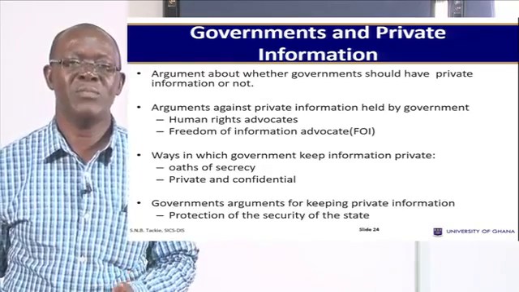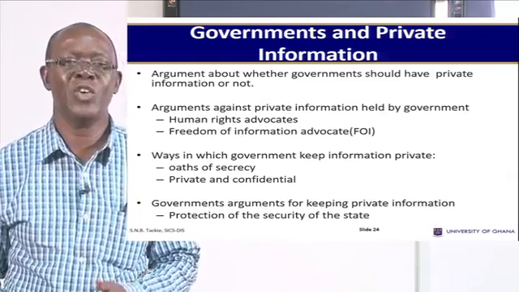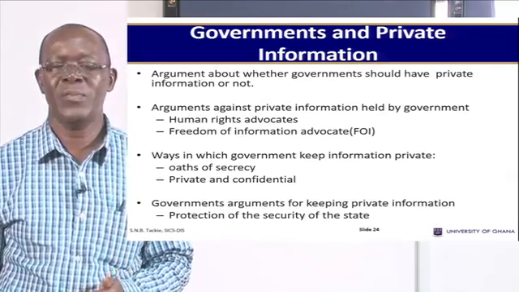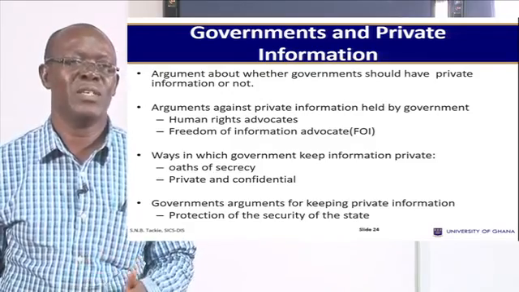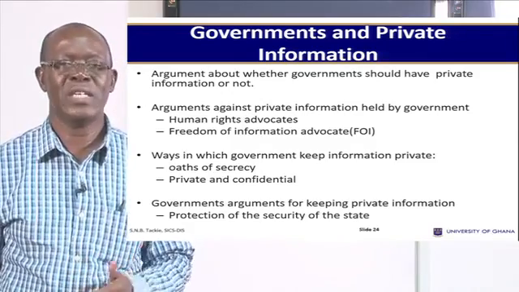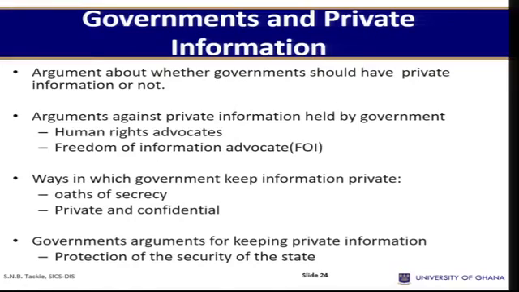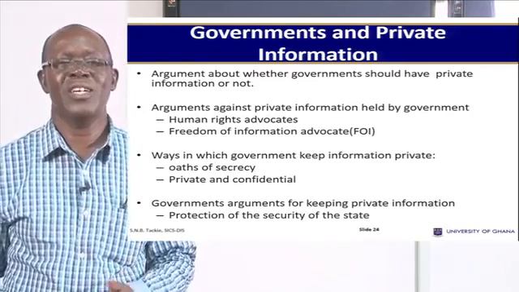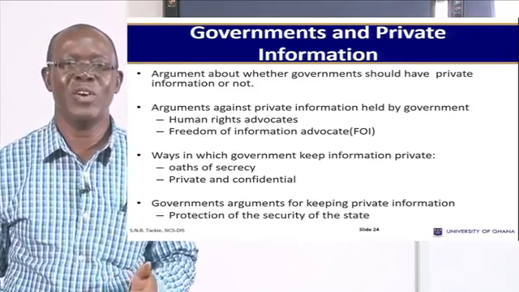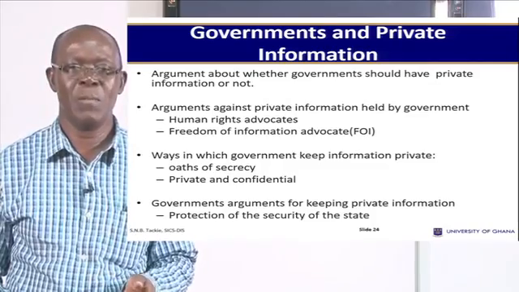Now, ways in which governments keep information: you see documents that have been tagged private and confidential. Civil servants, public servants, are required to take oaths of secrecy so that they will not reveal certain aspects of information. Let's take for example the recent furor over the Ford expedition.